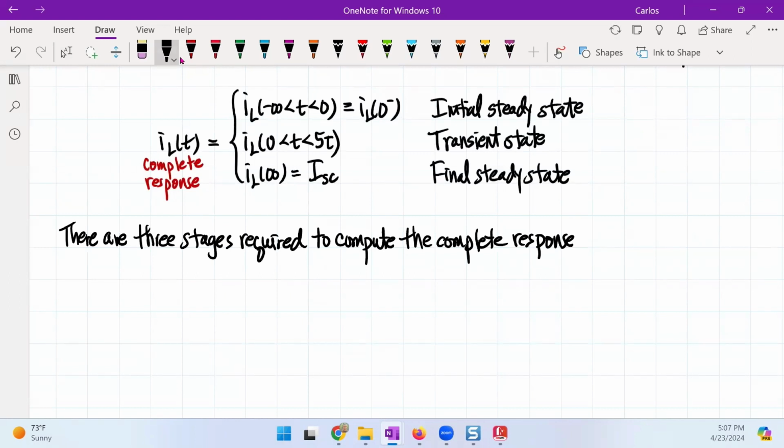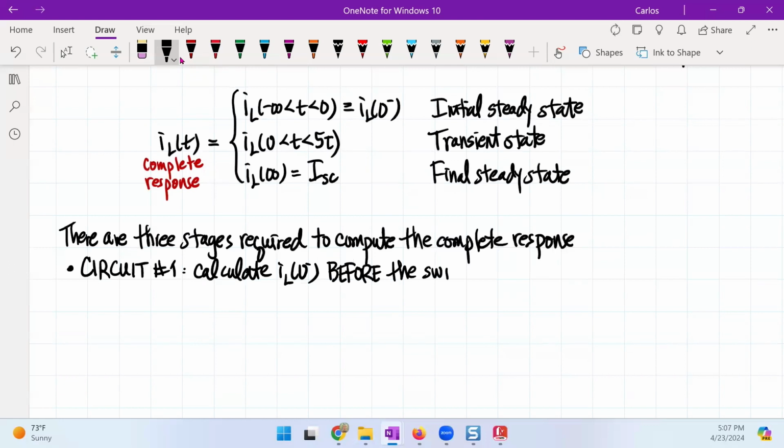One, we have circuit number 1. What happens in circuit number 1? We calculate IL of 0 minus before the switch is thrown.